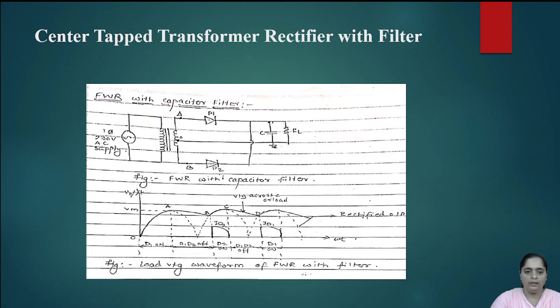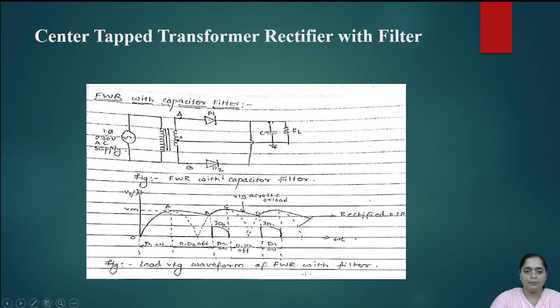How will the capacitor get charged? We will see. When A is positive, at that time our diode D1 comes into conduction, meaning the diode is in forward bias state. This forward biased diode D1 will charge the capacitor up to the peak value. So 0 to A indicates charging of the capacitor.